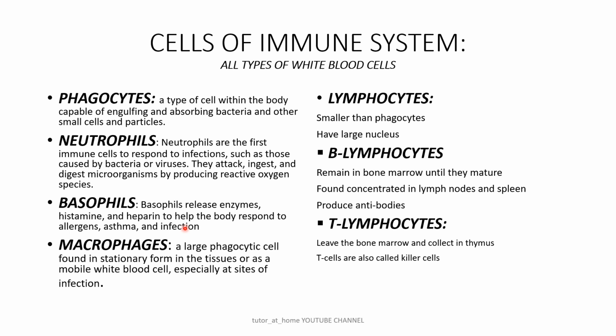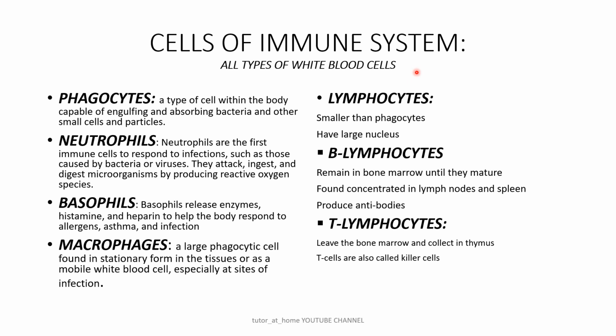Monocytes engulf the pathogens, become enlarged by the digestion of that pathogen, and become macrophages. The definition is: a large phagocytic cell found in stationary form in the tissues or as a mobile white blood cell, especially at the sites of infection. They can be easily recognized.